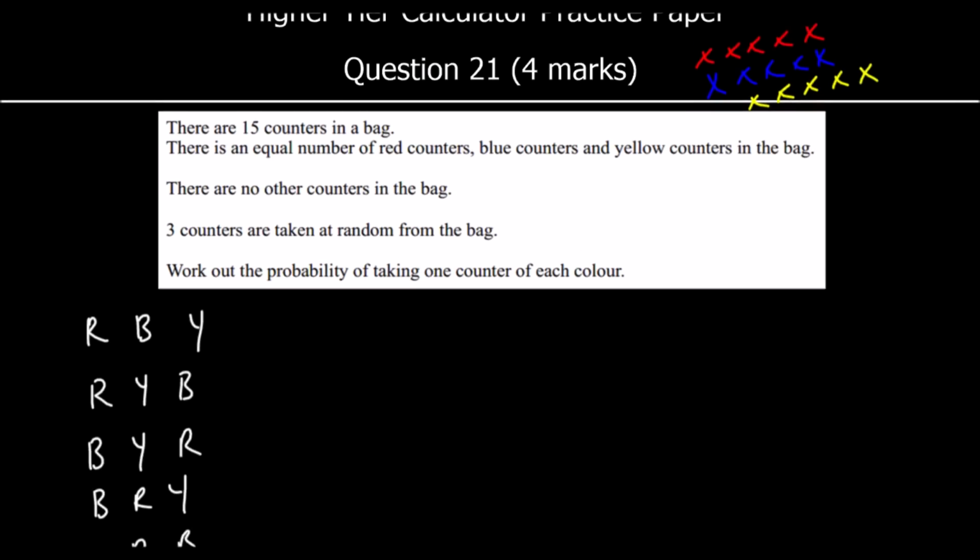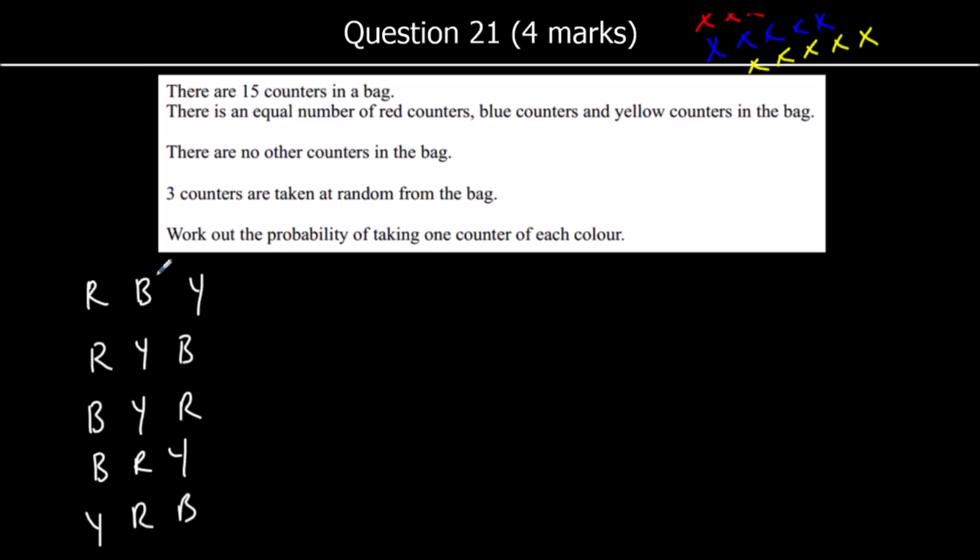So the probability of getting a red, then a blue, then a yellow is 5/15 for getting the red. And if we take a red out, the chance of getting a blue is 5 out of 14. And then the chance of getting a yellow is 5 out of 13. And that's going to be the same calculation for all of these.